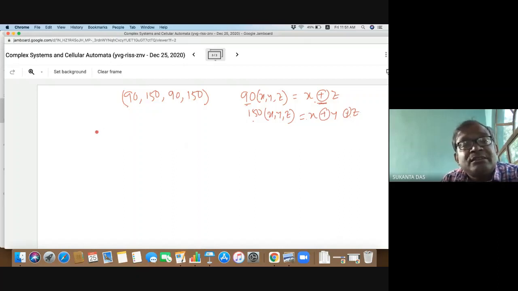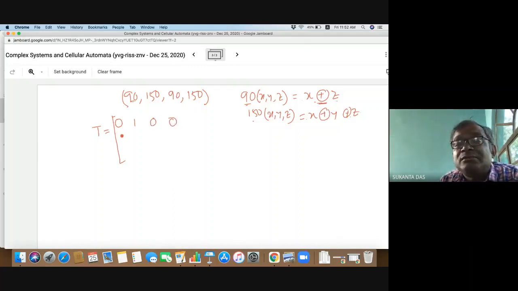Now this is my CA. What is my T matrix here? My boundary condition is null, and cell number 0 is rule 90, so it depends on the left neighbor and right neighbor only. The left neighbor is 0, it depends on the right neighbor, so no dependence on self: 0, 1, 0, 0.